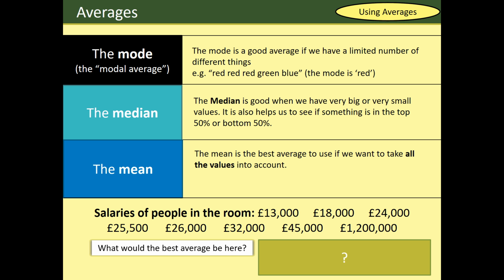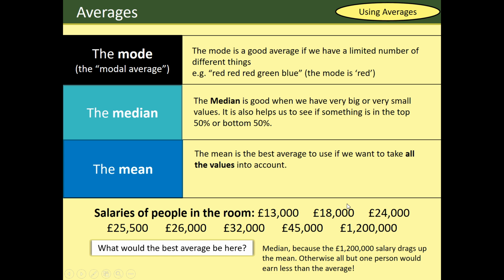The mean takes into account all the values, but we've got that 1.2 million here. That would drag that mean up. The mean, if we work this out, is going to be above 45,000. So if we worked out the mean, we'd be saying, oh, most people earn less than the average. In fact, everyone apart from that really high earner would earn less than the average.